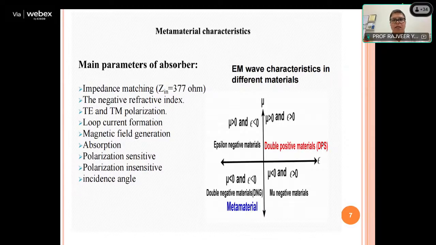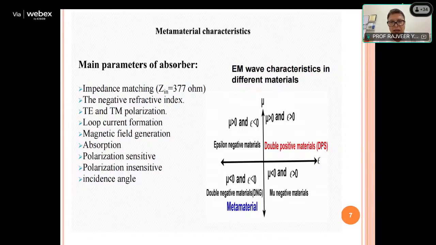Now there are important parameters. If you see all four quadrants, mu and permittivity is different, and sometimes we have played with these material characteristics to bring it to a particular value. In specific, in this particular design, we have worked on epsilon negative material, which is in quadrant 2.